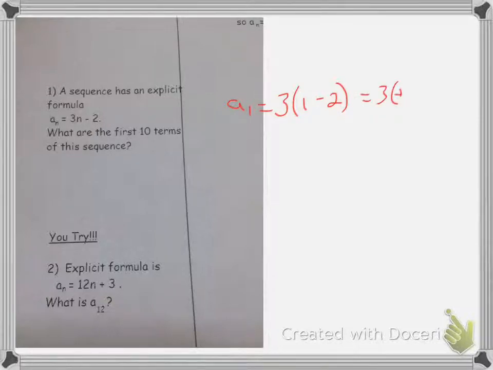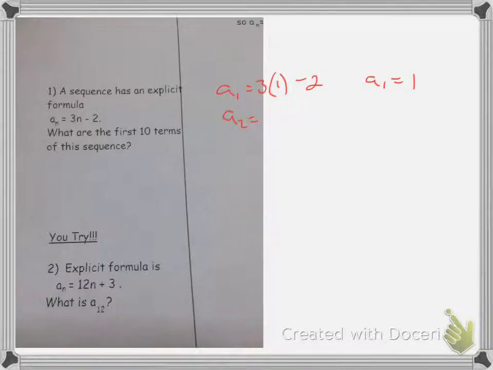I'm sorry, I wrote that wrong. Let me start over. To find a sub 1, we're going to do 3 times 1 minus 2. I had my parentheses wrong before. So what this is going to be is 3 minus 2 is equal to 1. So a sub 1 is equal to 1.